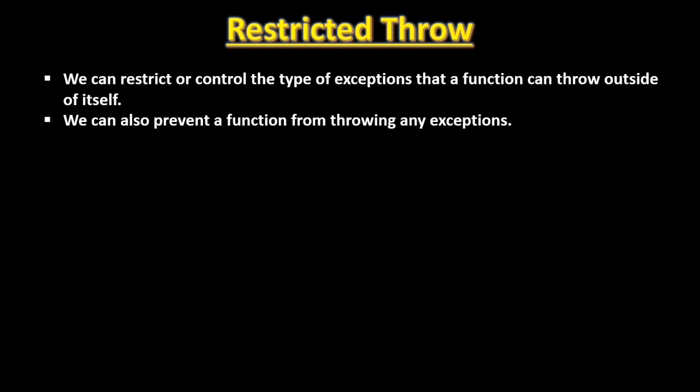Okay, so what do you mean by restricted throw? The name itself is indicating that we are restricting the throw. So when do you want this? For example, say you have some function, and the library layer guy who has written this function definition might be throwing some exception. So the caller of that function has to write all the possible exceptions.